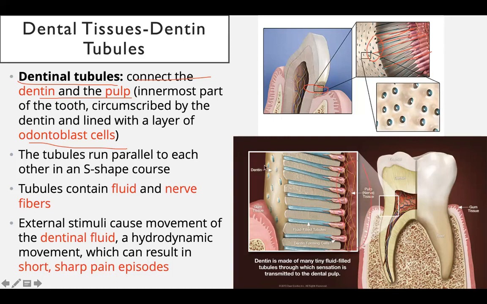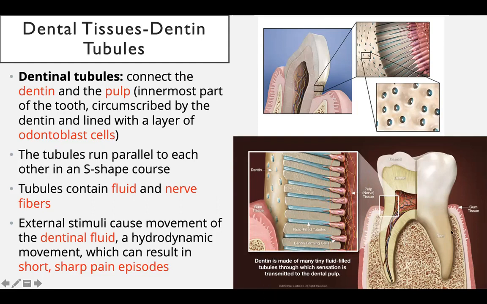We have a lot of innervation, nerve endings. Okay, so these are dentin forming cells. So this was the odontoblast layer we were talking about. This is the odontoblast layer just at the boundary of dentin and pulp. These odontoblasts are dentin forming cells.